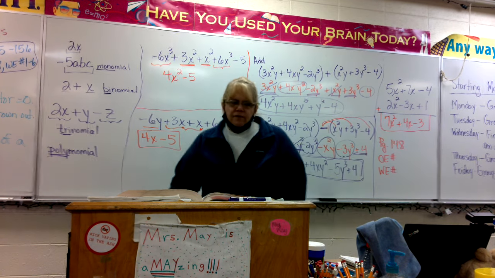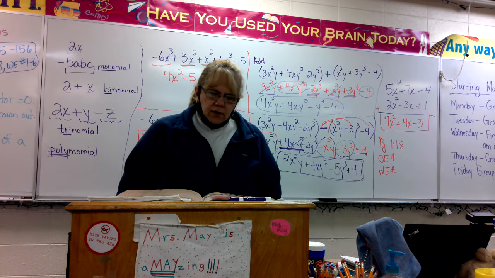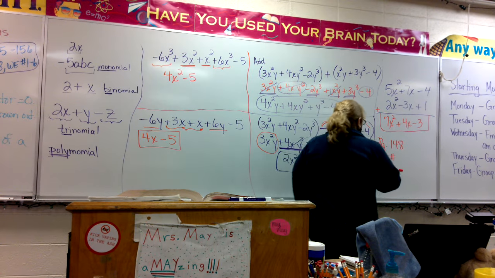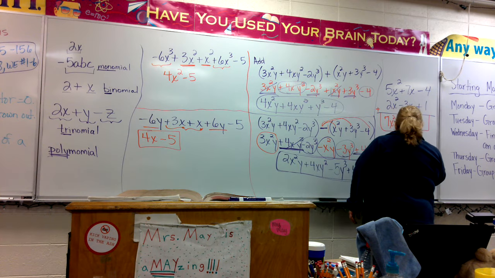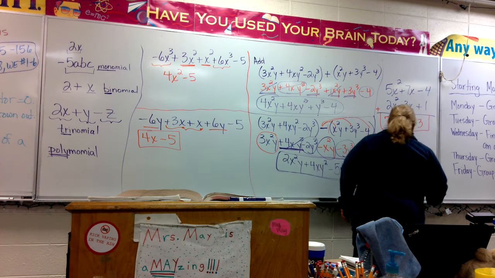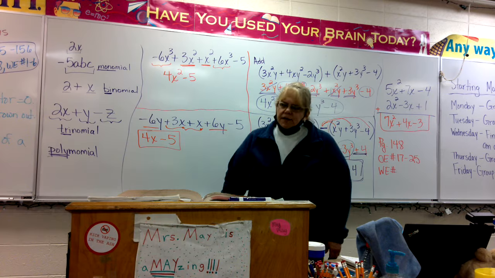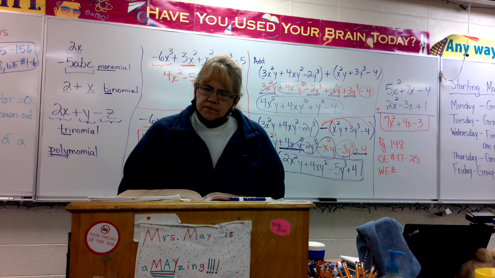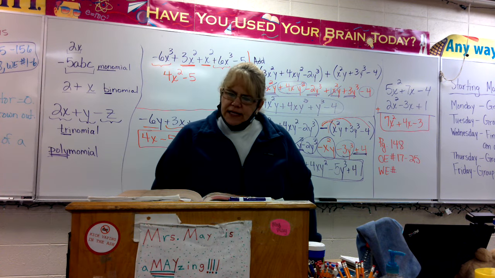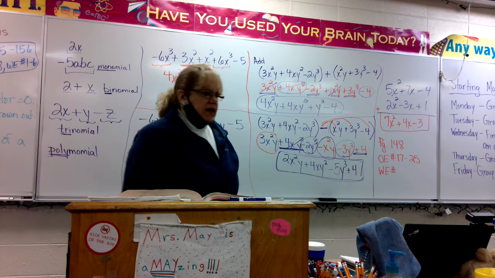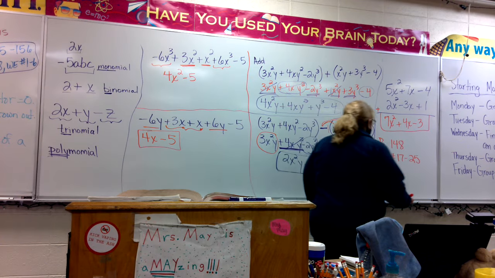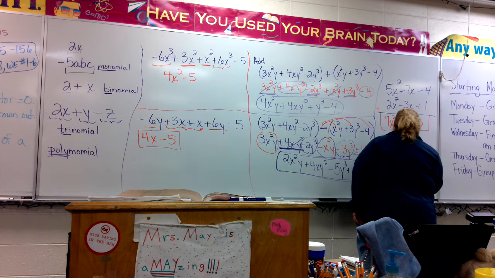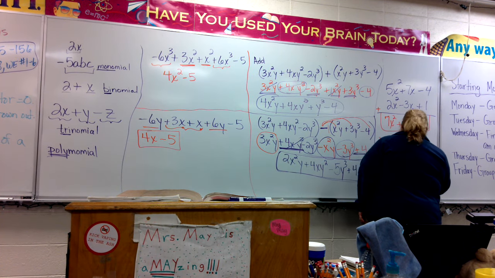I have OE. We're going to go 17 to 25. And WE 9 to 20 and 31 to 40. How about that? 9 to 20, 31 to 40. I bet they'll go quick.